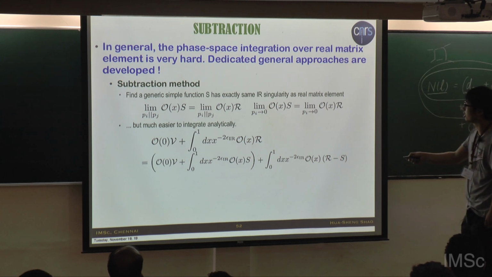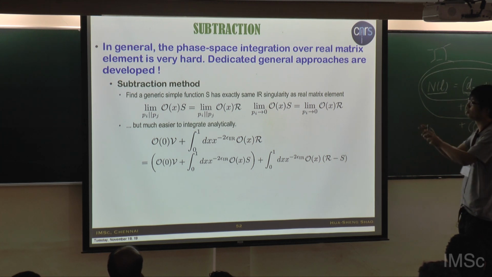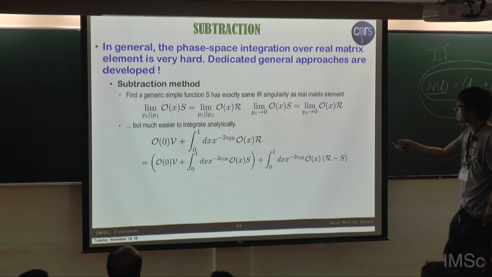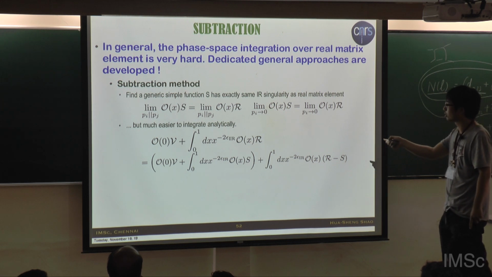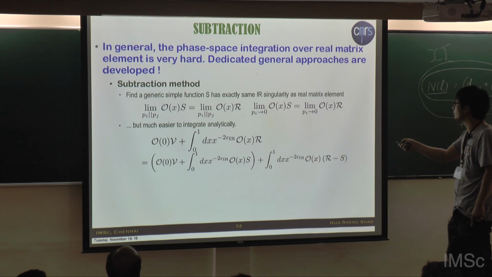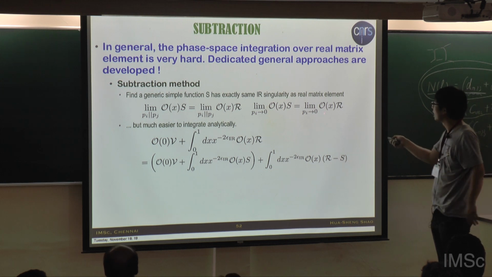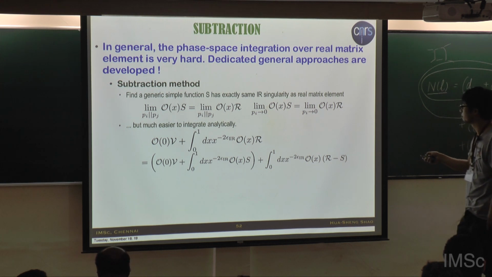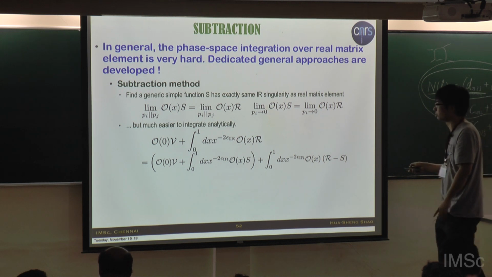So if I take two particles collinear, I get the same value as the real matrix element. And if I take one momentum to be soft, I also get the same real matrix element, identical. But if not, then they are not the same, not necessarily the same.